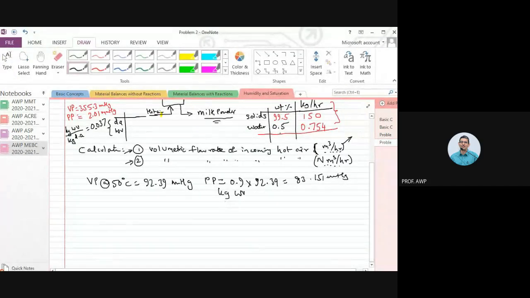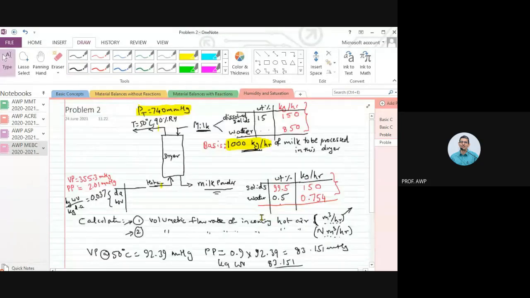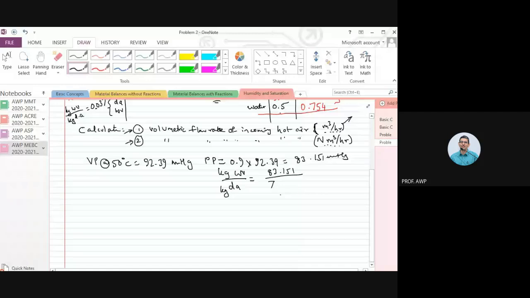So now can we find out kgs of water vapor per kg of dry air in this outgoing air? That would be 83.151 divided by 740 minus 83.151. This would be kilomoles of water vapor per kilomole of dry air. I would need to multiply by 18 and divide by 28.84. Then I will get kgs of water vapor per kg of dry air.